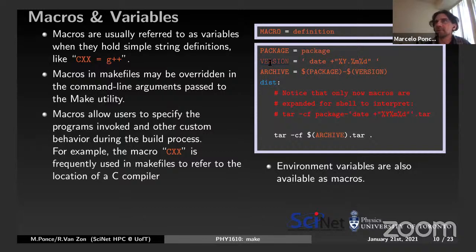Then there is the version. And notice this, I'm using some shell scripting tricks here. These backticks at the beginning and at the end mean that whatever is within those backticks is going to be taken as a command in the shell, executed, and the result returned as a string and put into the version macro. In this case, I'm asking for the date in a particular format.